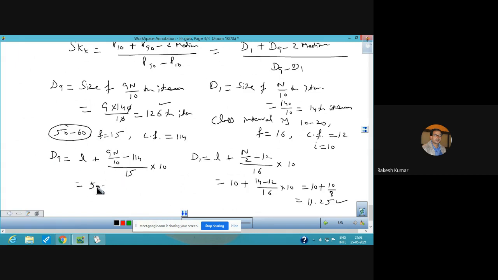So that is 50 plus 126 minus 114 divided by 15 into 10.